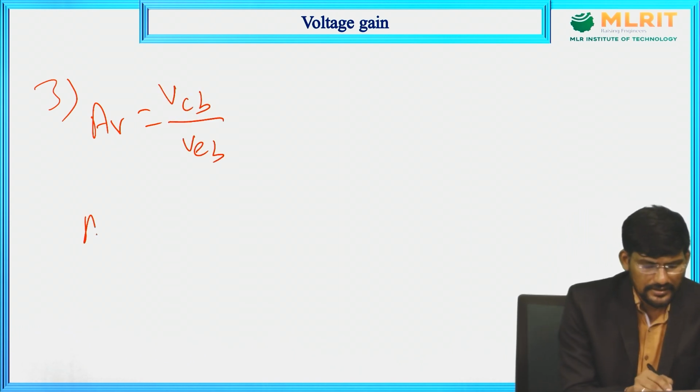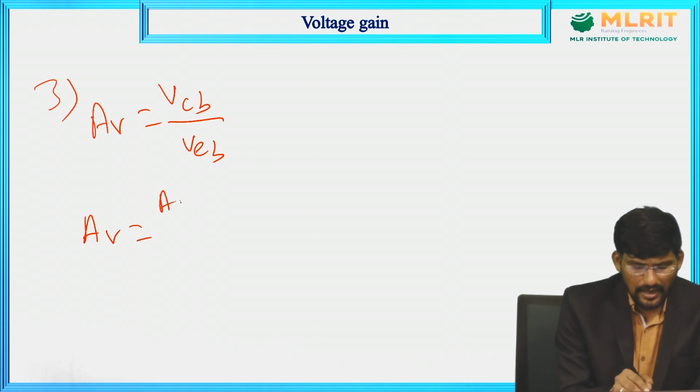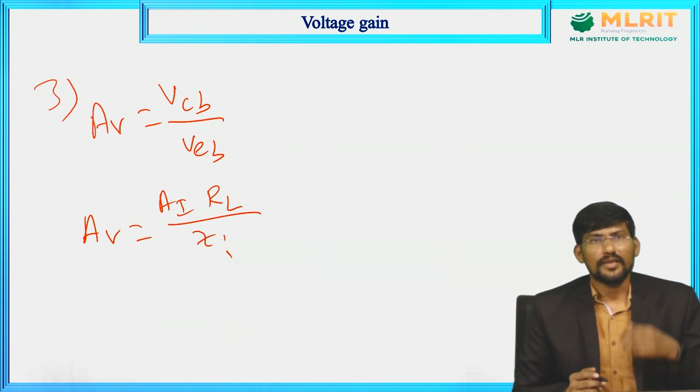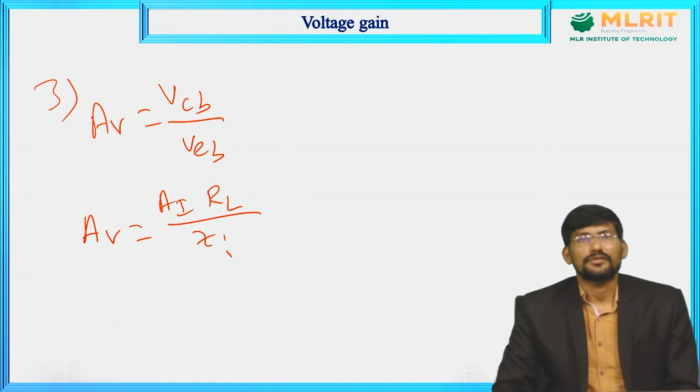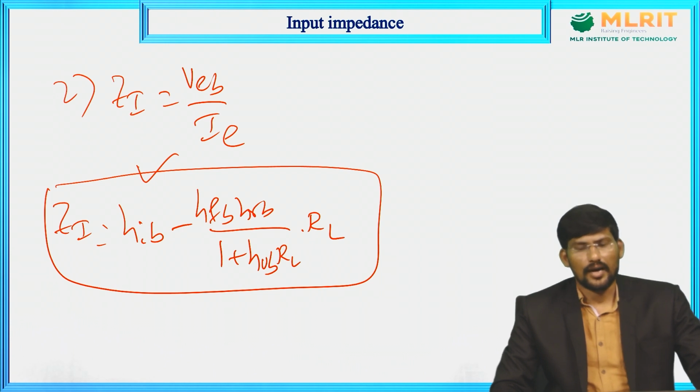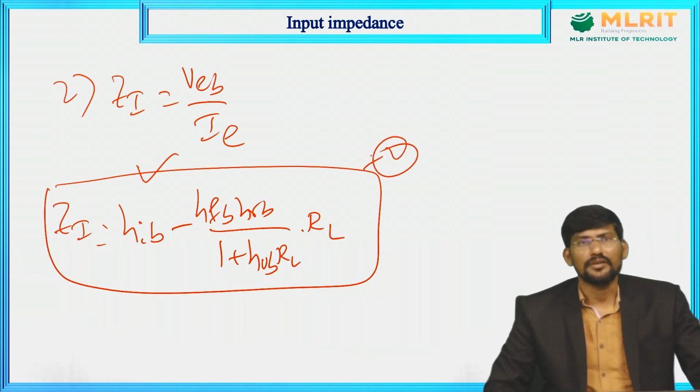Now the voltage gain standard expression is AI RL divided by ZI. So what is AI? AI we already derived. It is minus HFB divided by 1 plus H0B into RL. What is the ZI value? ZI is HIB minus HFB HRB divided by 1 plus H0B into RL. So this is the second equation. First we have to find the current gain and input impedance.